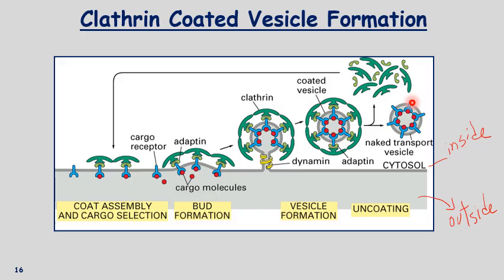So in order for the receptor to be showing over here, you have to dissociate the clathrin from this vesicle. So this is when you get this dissociation and you end up with a naked vesicle. Not totally naked, because it has those receptors that are going to direct it towards where it has to go. Okay? So everybody got the clathrin story?